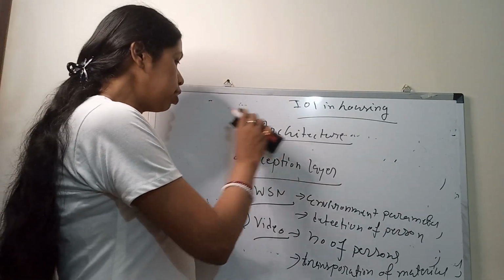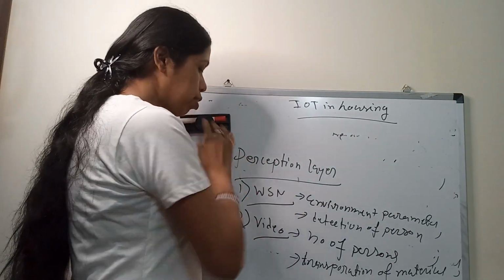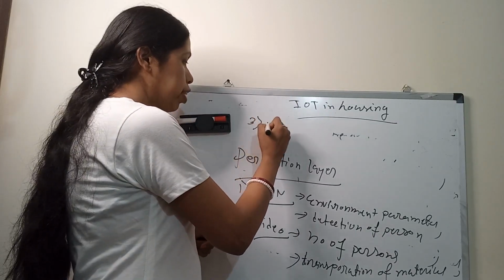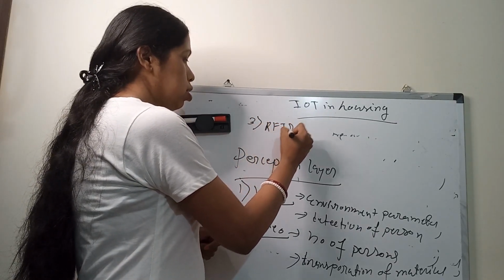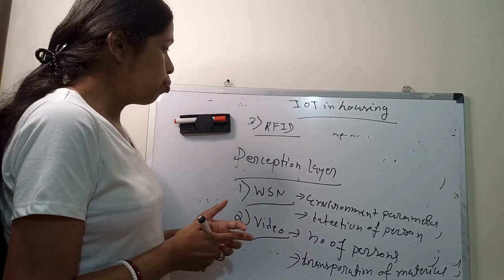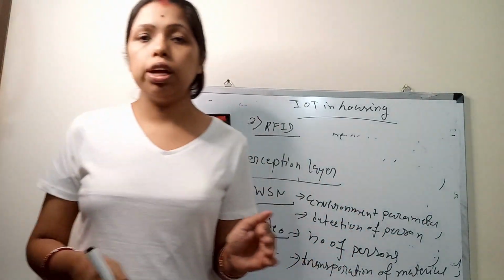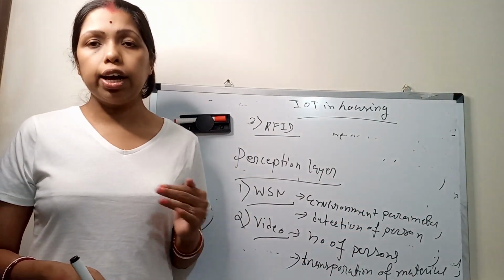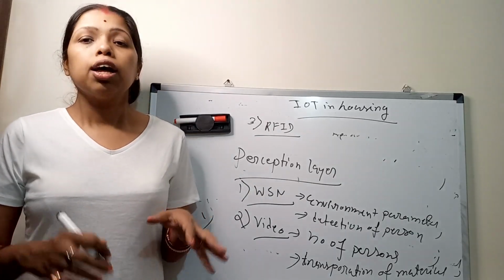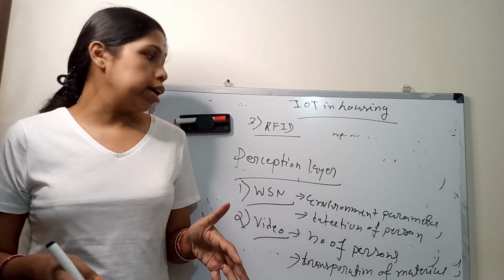Another kind of sensor you can define in the perception layer is the RFID. It can provide radio frequency for detecting or tracking any kind of object present inside the house or inside the building.